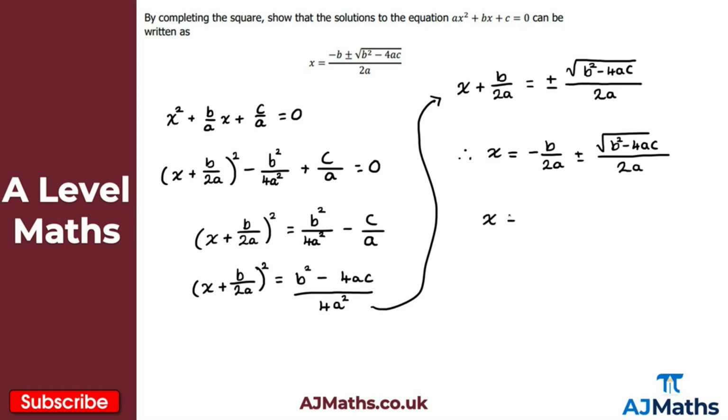So x is equal to minus b plus or minus the square root of b squared minus 4ac all over 2a. Which is exactly as we wanted to show here. So as required, that gives us our proof of the quadratic formula by completing the square.